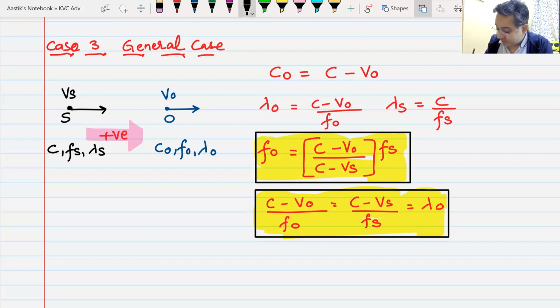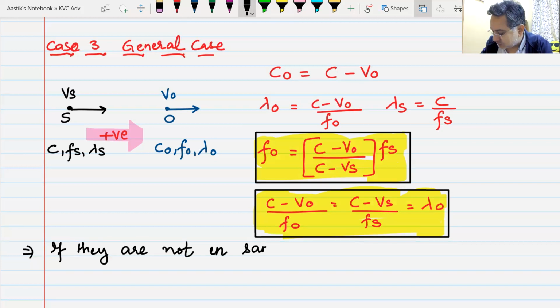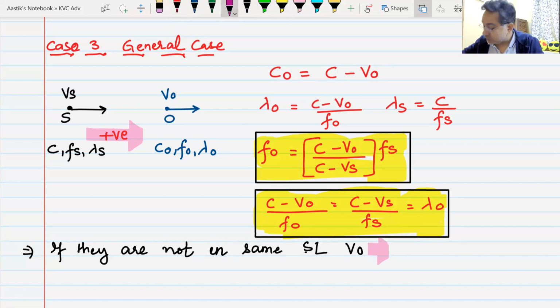So you can write, if they are not in the same straight line, in place of VO, I must choose VO parallel.